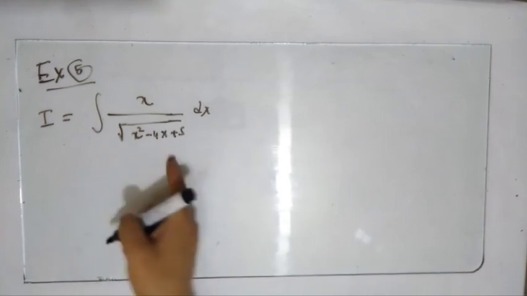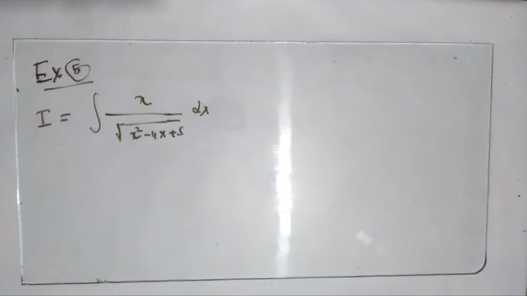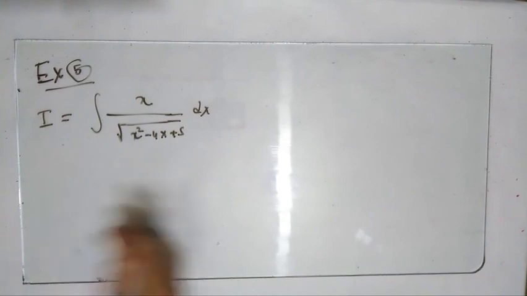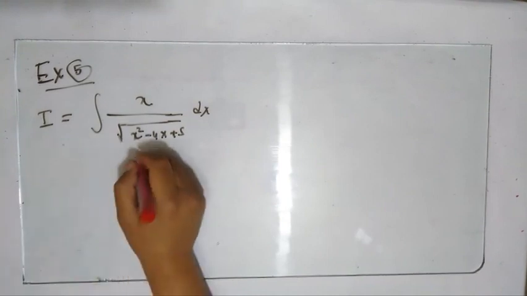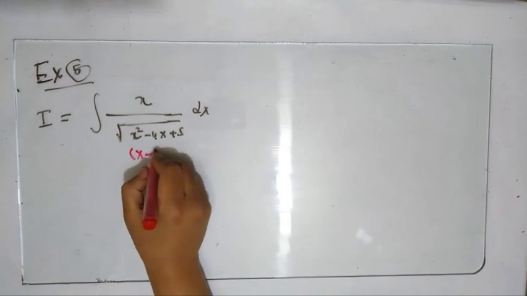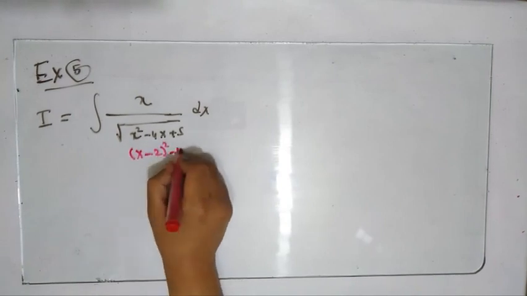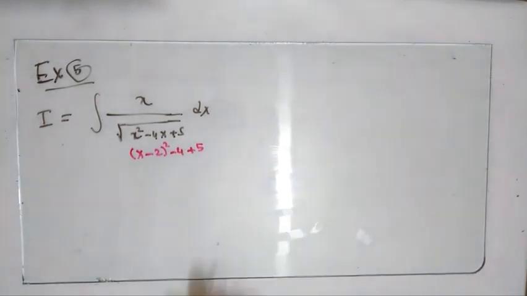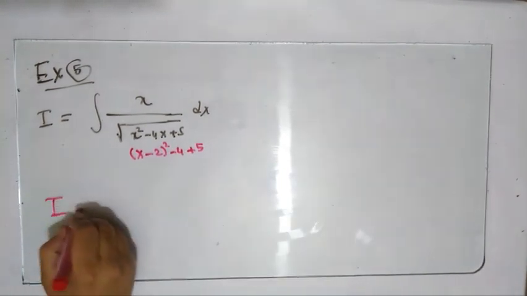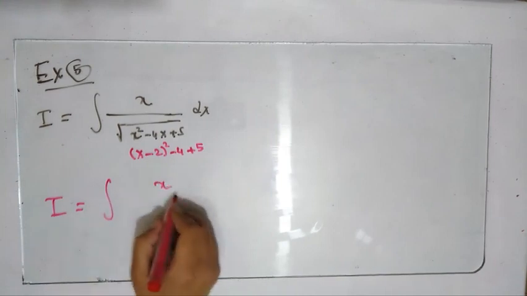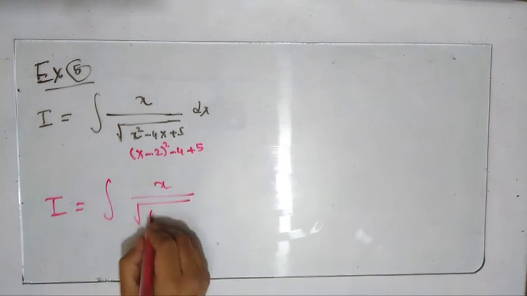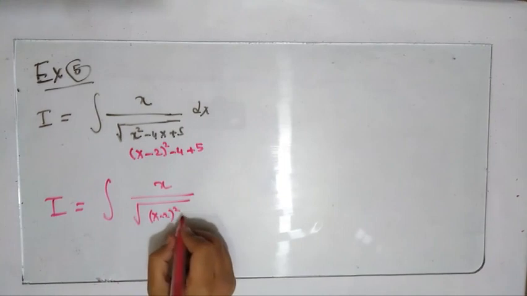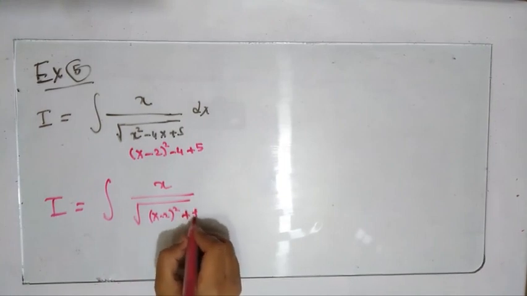Here under the root you have a full quadratic expression, so you have to use the idea of the complete square. This can be written as (x minus 2) squared minus 4 plus 5. We know how to make a complete square. So this integral will be the integration of x over the square root of (x minus 2) squared plus 1.